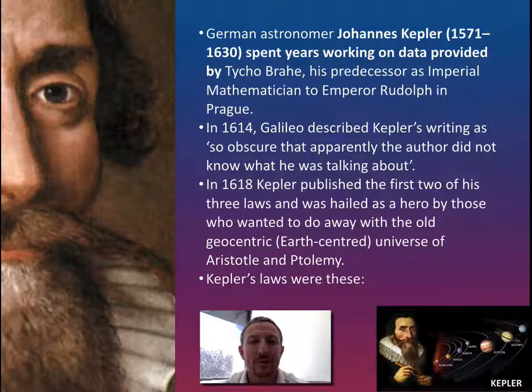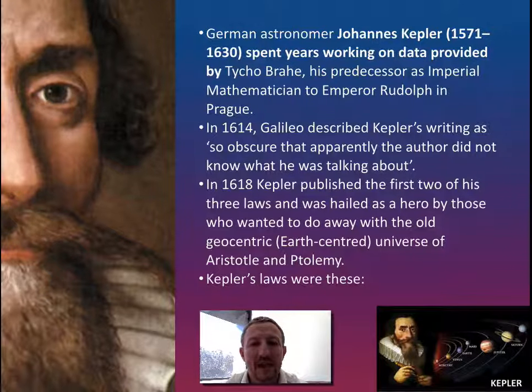It's one of the first opportunities where the data has driven the conclusions rather than the other way around. So he threw out his conclusions for a circular orbit and worked on the idea of different shapes. Basically what he came up with was the idea that the planets moved in ellipses, and this was his first law.